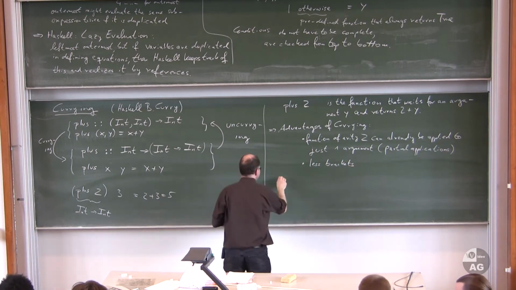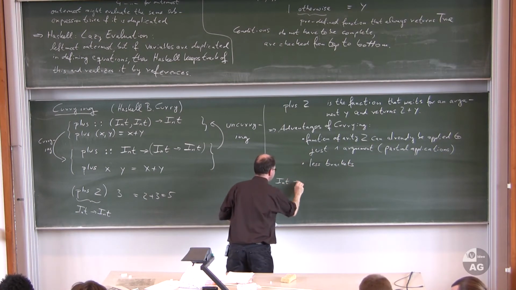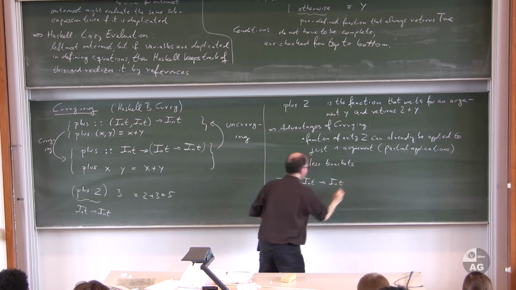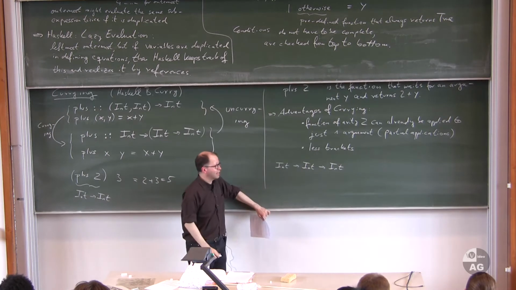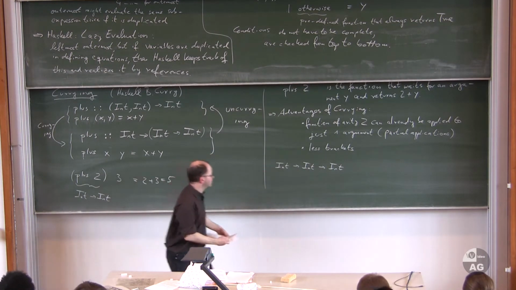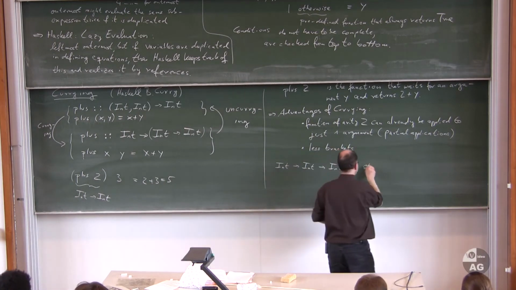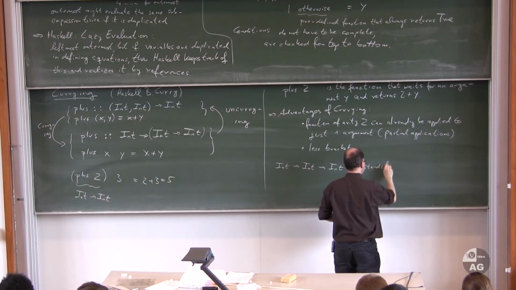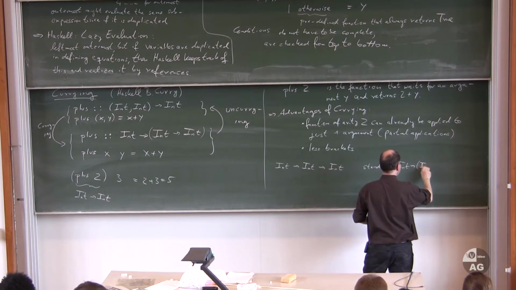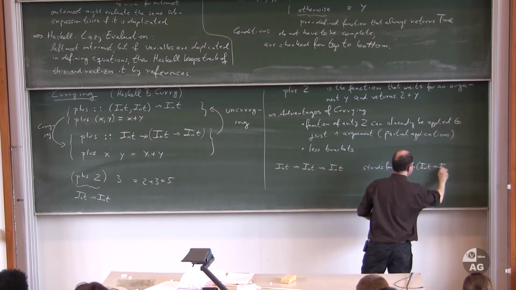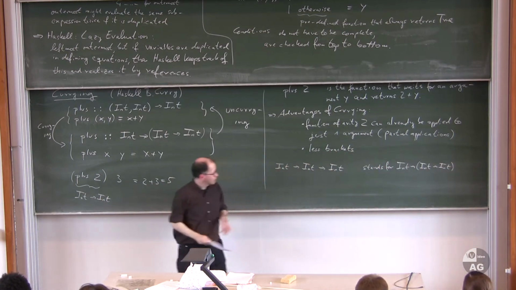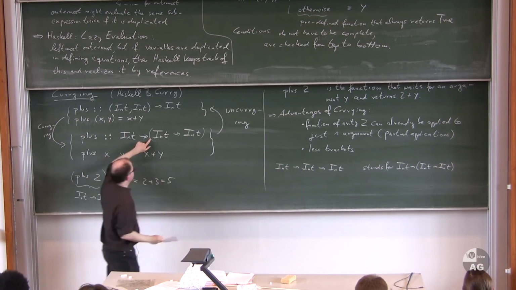Well, because if you write int, arrow, int, arrow, int, without any brackets, then Haskell associates this arrow to the right. So I can just write this, and this stands for int, arrow, int, arrow, int, brackets to the right. So this arrow associates to the right. So these brackets here are not necessary.